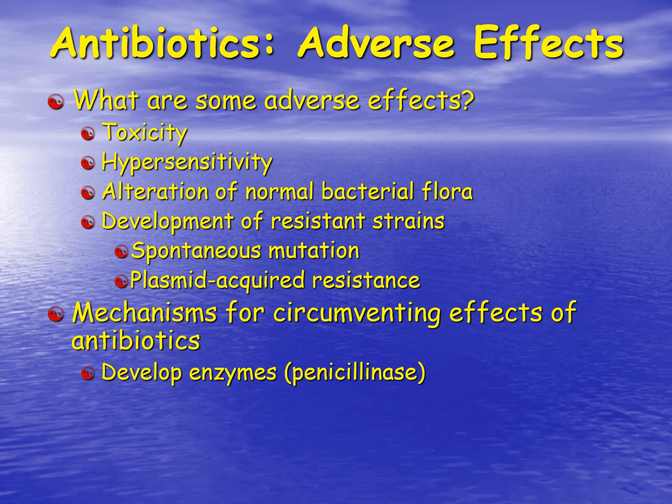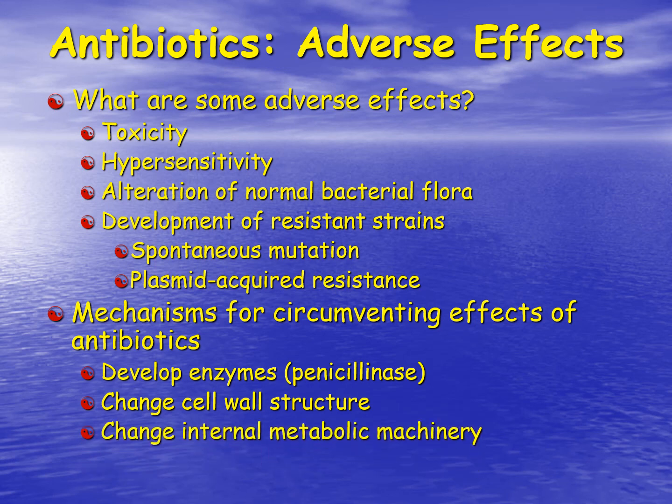And beta-lactamase actually breaks the beta-lactam ring in penicillin and cephalosporin structure, and this renders them ineffective. Some can change the structure of the cell wall or the cell membrane, thereby rendering the antibiotic ineffective. Or some can change or find alternative pathways for the internal metabolic machinery.